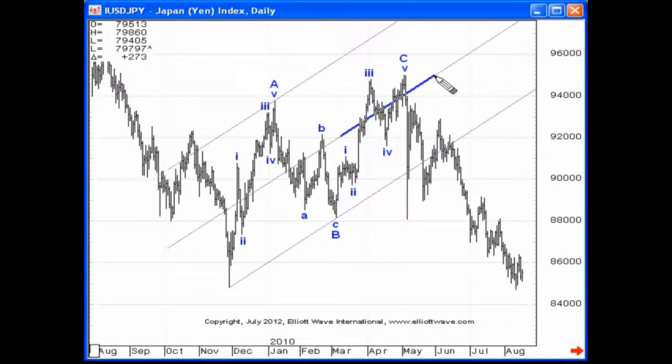A very common occurrence. But the one thing I would like to point out in this example, which was not evident in the other examples, is that one thing I like to see with respect to a zigzag is that wave C demonstrates a much more shallow slope or speed than what you experienced in wave A. For example, here is the speed or slope of wave A. Notice how sharp it is.